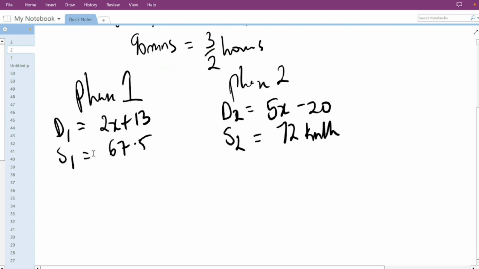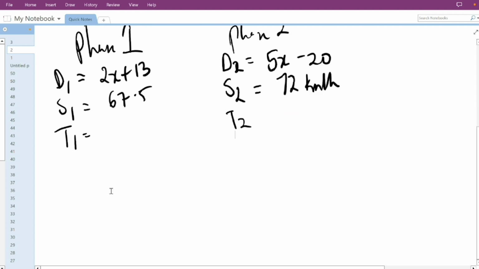Having this, in physics the relationship between speed and distance has to do with time. So speed is distance over time. The way we can solve this question is to look for t1 for this phase and t2 for this phase. From the question we can derive that there are at least 2 ways to solve it, and both methods will be practiced.